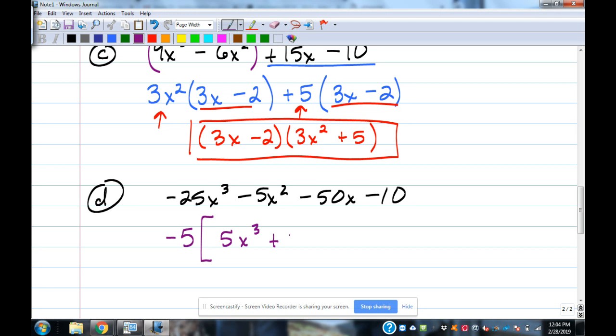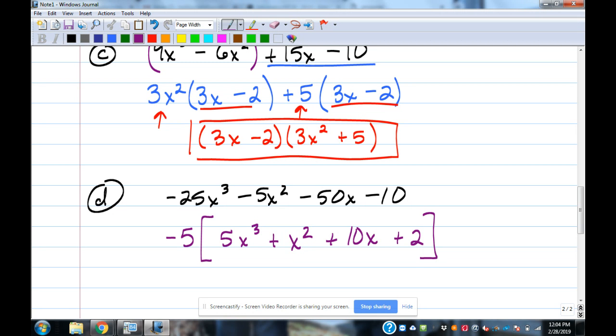Positive 1x squared. And then we would have a positive 10x and then a positive 2. So we've taken the 5 out. If we distributed this negative 5 back out to this stuff, we'd end up with the original.